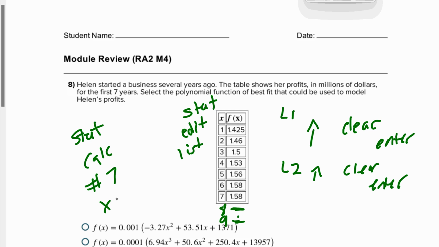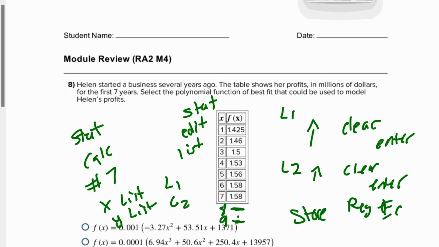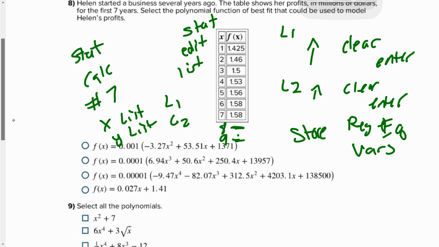Okay, make sure X list is L1, Y list is L2, and then you're going to go down to where it says store regression equation. Okay, and you can do, on that one you hit vars. So you hit vars, you go over 1 to where it says y vars.